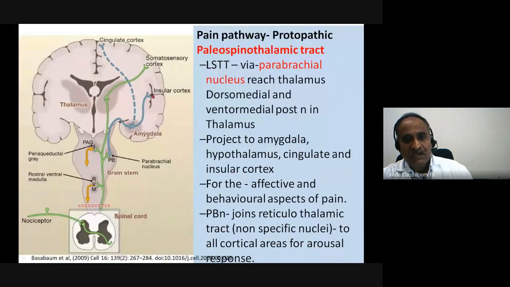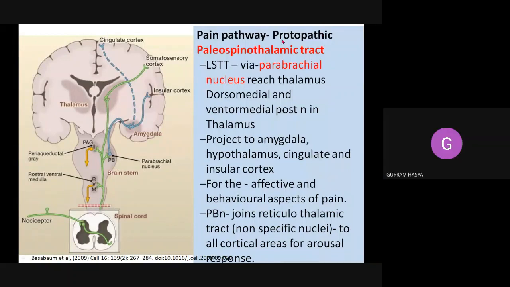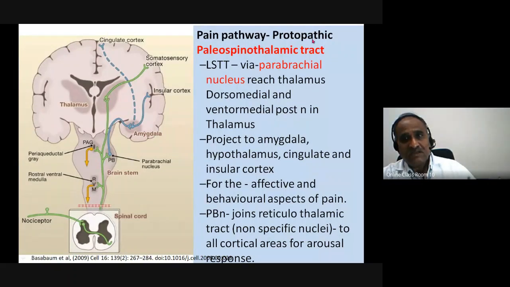I mentioned these insular cortex and the cingulate cortex for the ultimate processing of the pain. This is about the emotional or affective component of the pain. The first one was the discriminatory component. The second one is a protopathic component, that is the affective component.